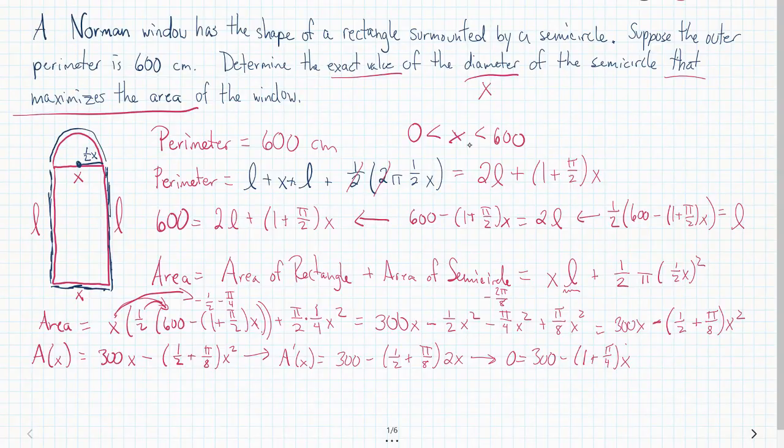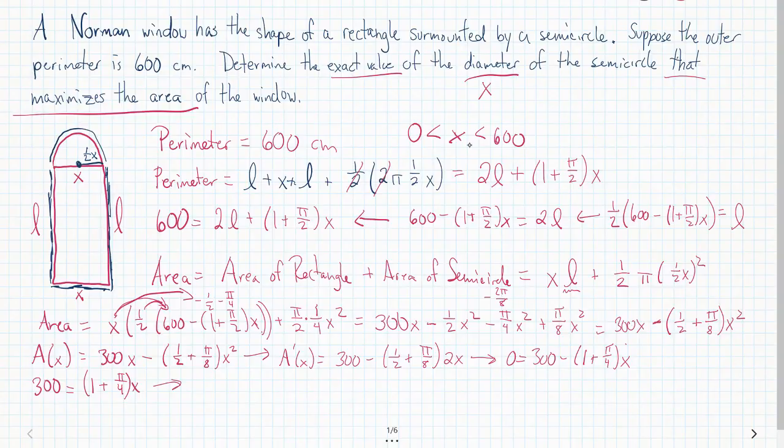We can move that over to the other side and try and solve this thing. So I'll just leave the 300 on the left hand side, and moving this 1 plus pi over 4 to the other side, it doesn't matter which side I have the equal sign as long as things appear accordingly. So you get 300 equals (1 plus pi over 4) times x.